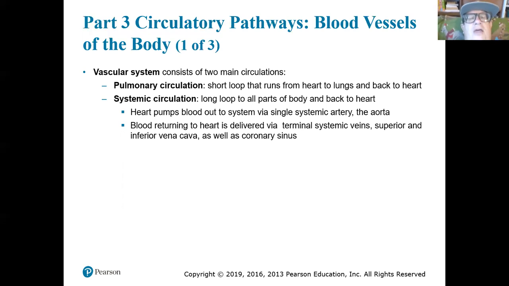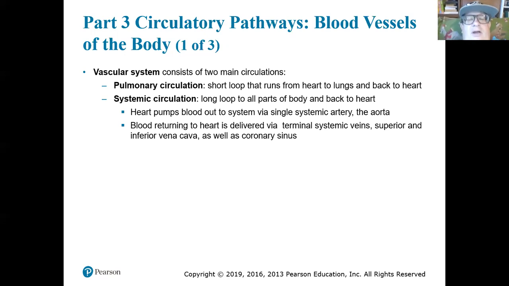All right, so there are two main circulations. The pulmonary circulation, that's right side of the heart to the lungs, and then back to the left side of the heart. And then there's systemic circulation, that's left side of the heart through the entire body, and then back to the right side of the heart.